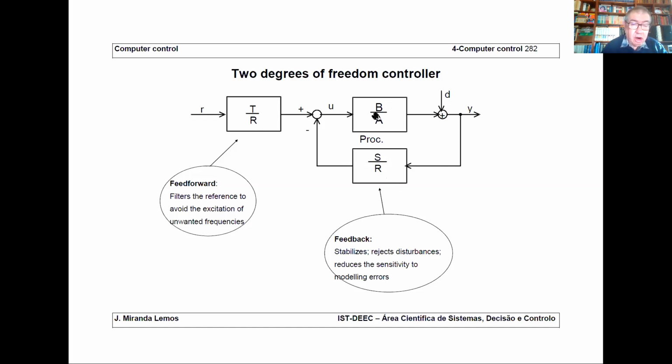For instance, in your laboratory, you can think in intuitive terms in this way. So the bar is a flexible bar, it oscillates a lot. So you can put here a low pass filter to avoid the first peak of oscillation, the first mode of oscillation.